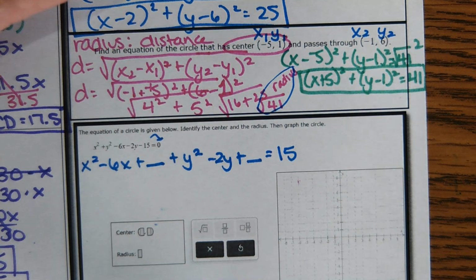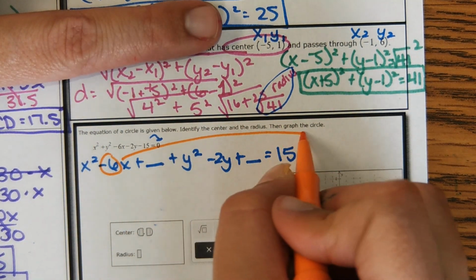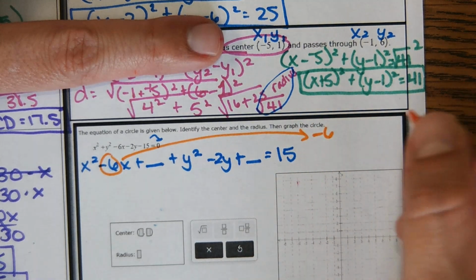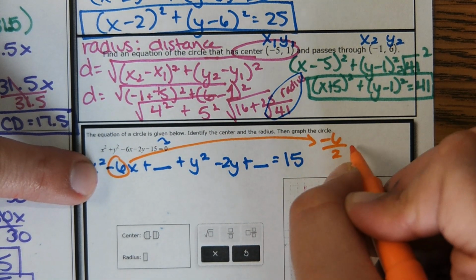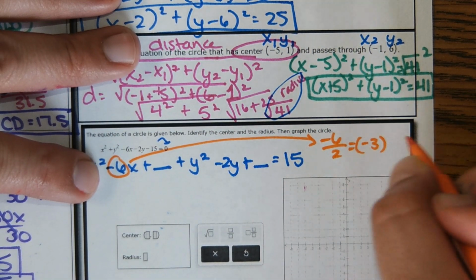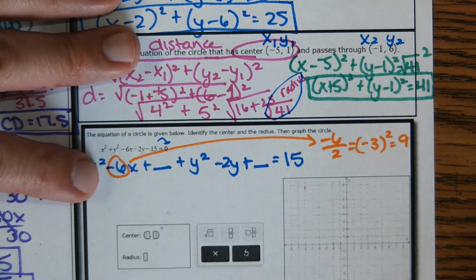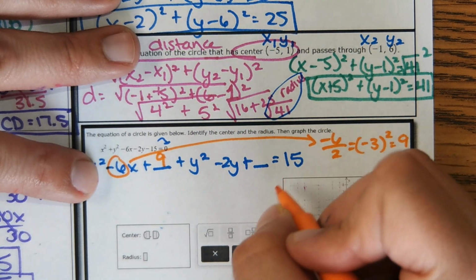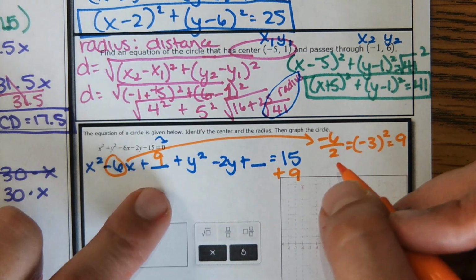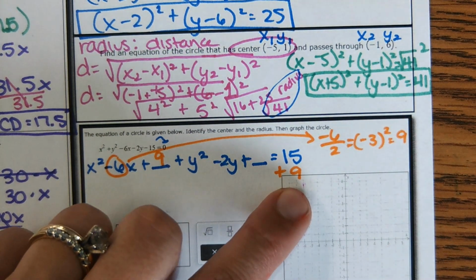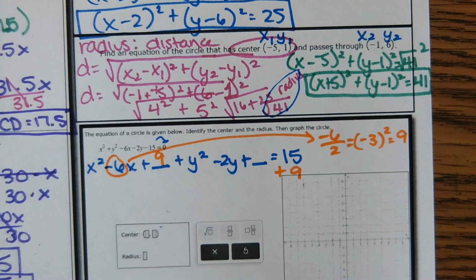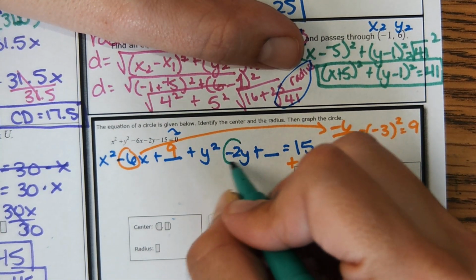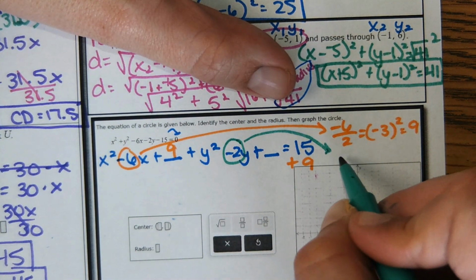Okay, and then from here, we take this term, put it over here. You take this middle term, divide by 2, and then square it to get positive 9. This number goes right here. And then whatever you add on this side of the equation, you also have to add over here. Then this number, do the same thing.